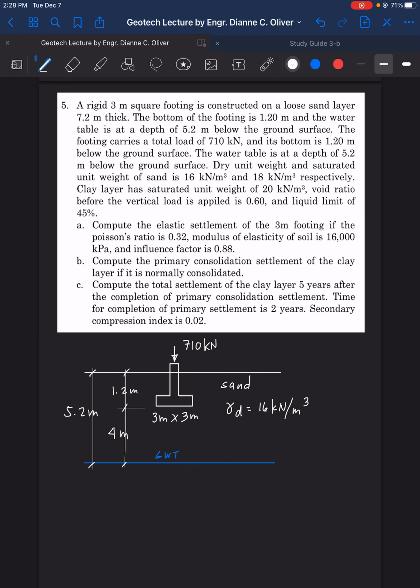And then the gamma sat, okay, so 7.2 meter thick of a sand layer. So there you go. So this is our sand layer.